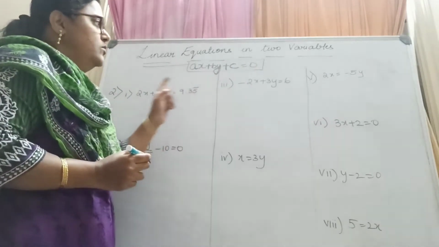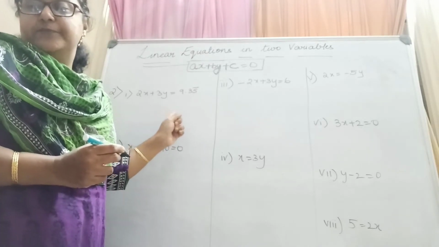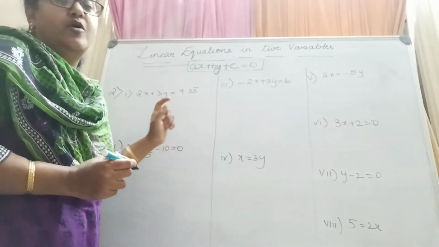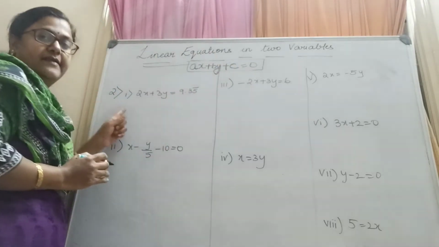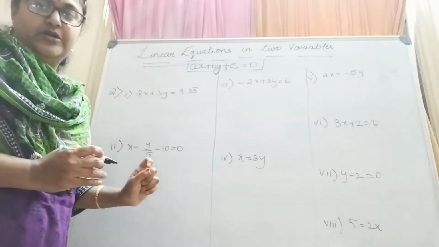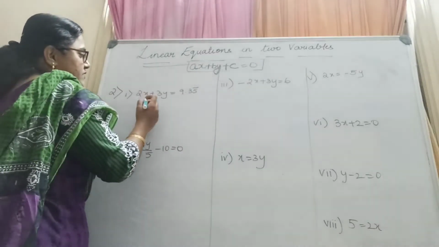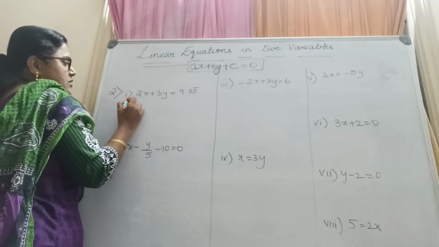Okay. So now the next question is, you are asked to express the following linear equations in the form of ax plus by plus c is equal to 0, and then write what is a, what is b and what is c in the given equation. So we will first write this in the form of ax plus by plus c is equal to 0.